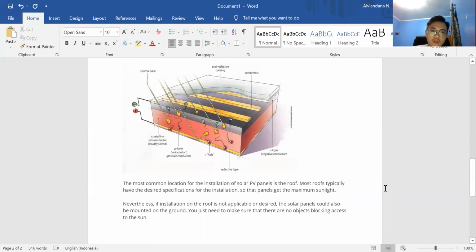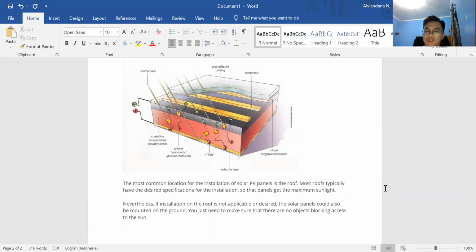Now, for installation, the most common location for PV panels in commercial houses is usually on the roof, obviously, because the roof is exposed to the most sunlight.